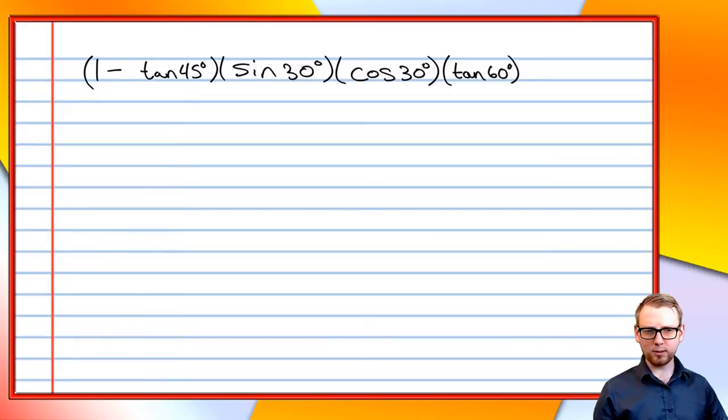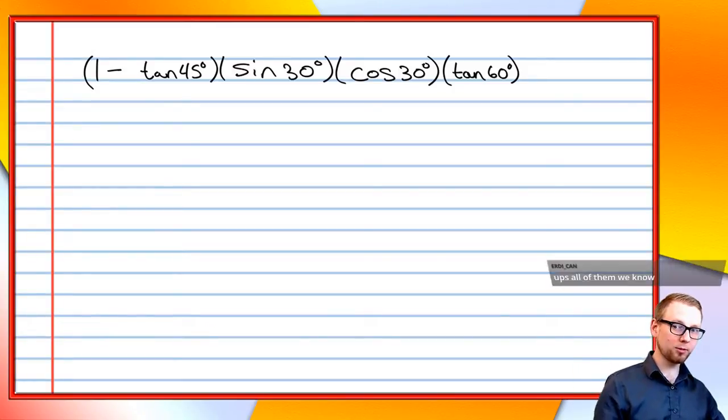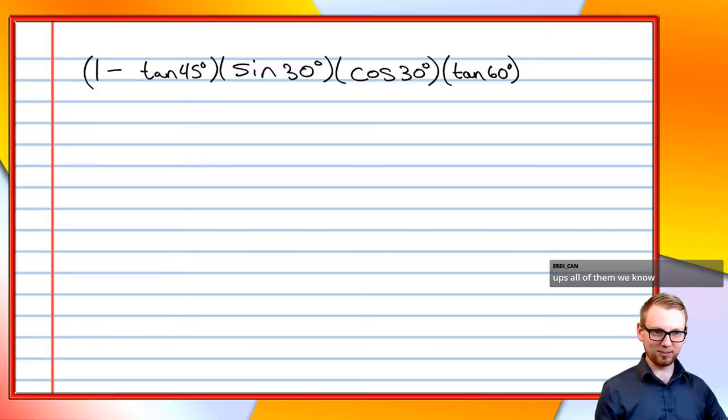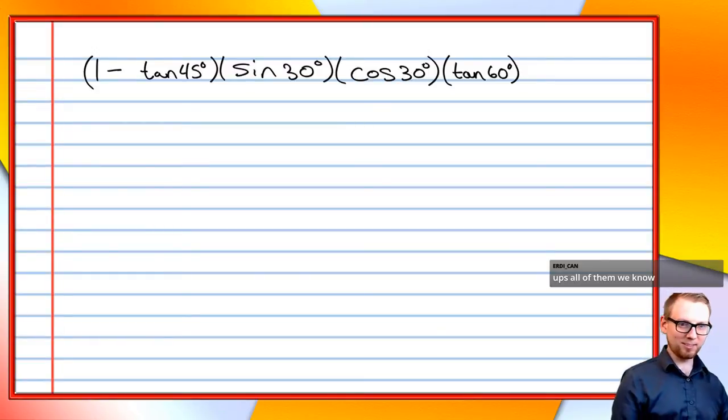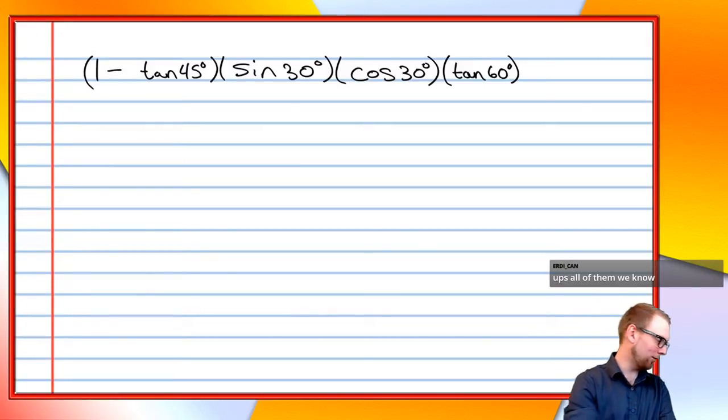So we did this before, and I told you that it was very simple, and we did one, and I was like, okay, you should be able to do this now. All of them we know.